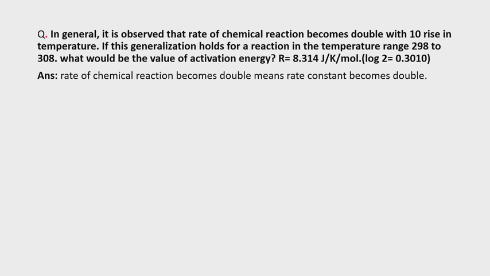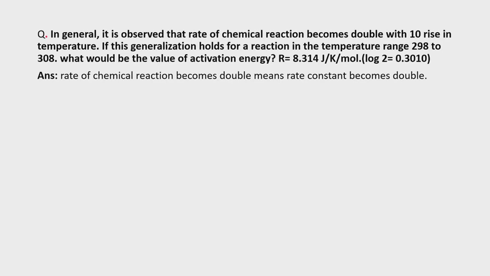Rate of a chemical reaction becomes double means rate constant becomes double. Earlier we discussed that rate of chemical reaction becoming double means automatically rate constant becomes double, and if rate constant doubles, rate of chemical reaction also becomes double.